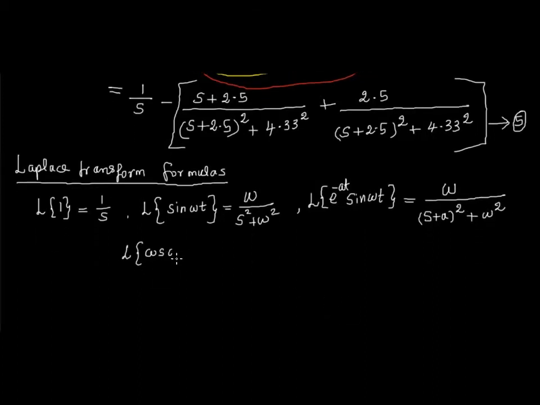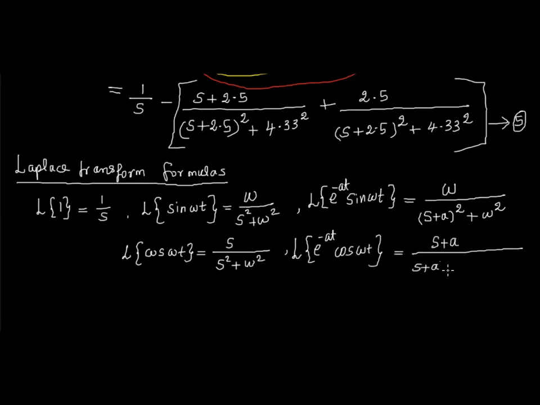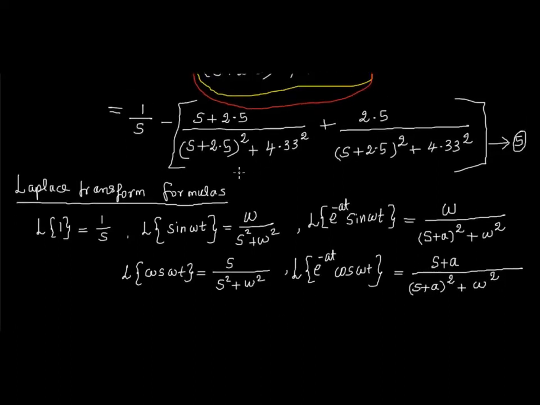Similarly, Laplace transform of cos omega t is s divided by s square plus omega square. Laplace transform of e power minus at into cos omega t is s plus a divided by (s plus a) the whole square plus omega square. We are going to apply these formulas to take the inverse Laplace transform.